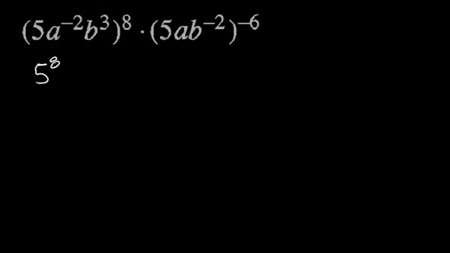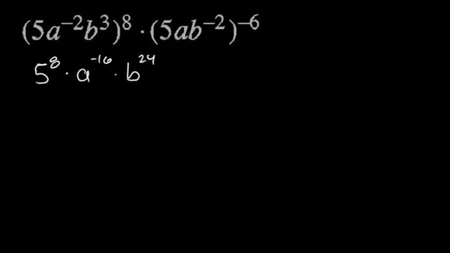But I could just jump to this and say that's 5 to the 8th power times a to the negative 16th power times b, 3 times 8 is 24th power.